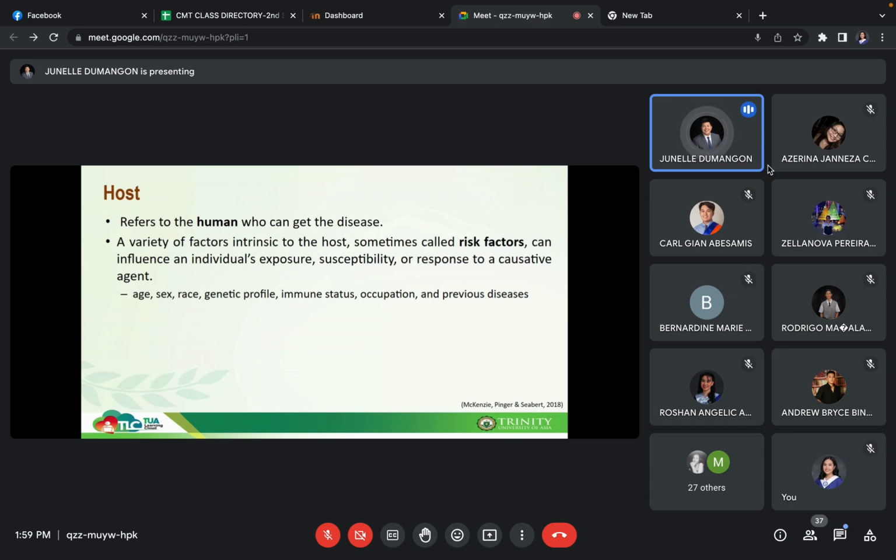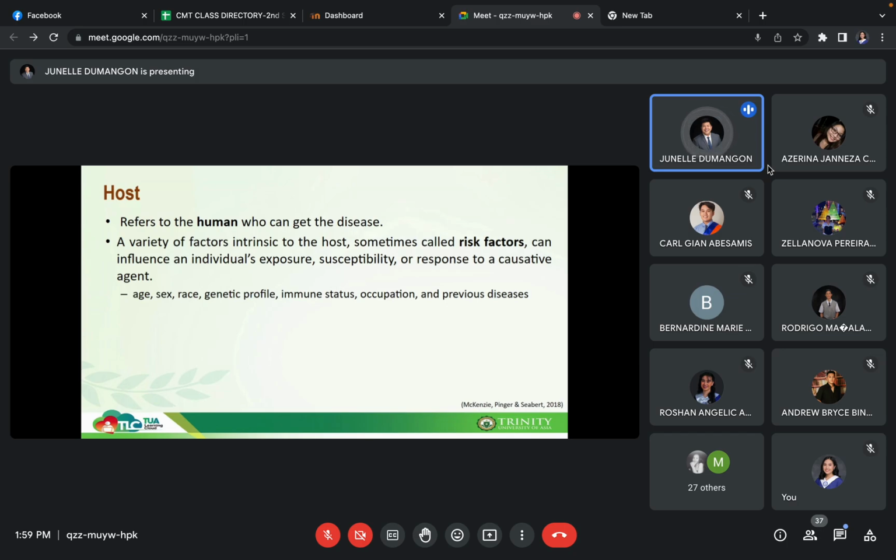Hindi mo naman nakikita ang high blood sa mga bata. Nakikita natin yan sa matatanda. So, because of that, age puts a person at a more likelihood or more chances of developing high blood or hypertension. Diba? Sex. There are diseases which are more commonly found in males than females and vice versa.